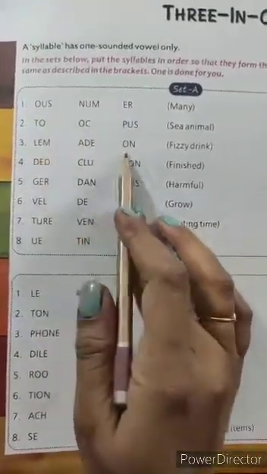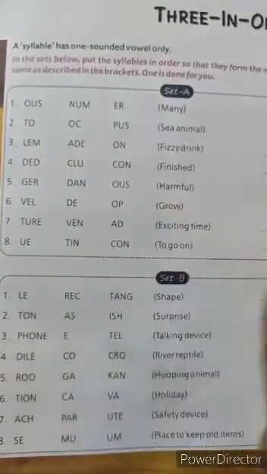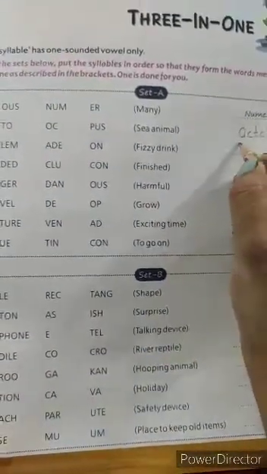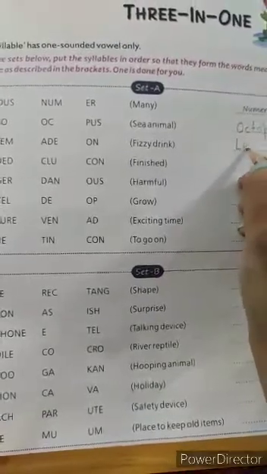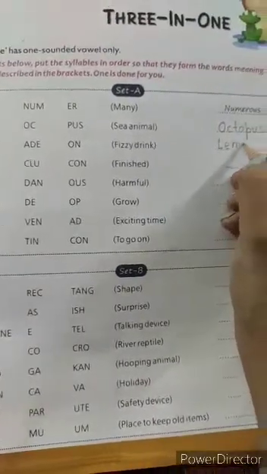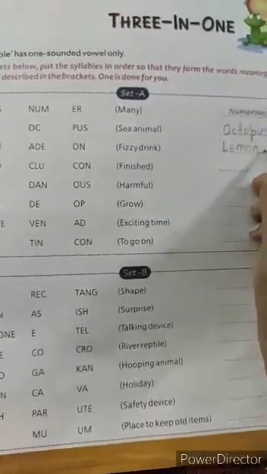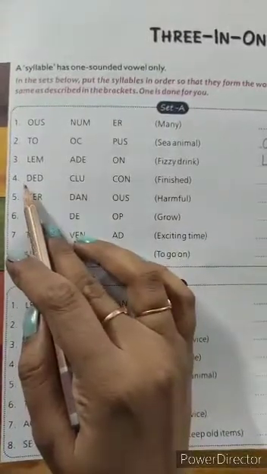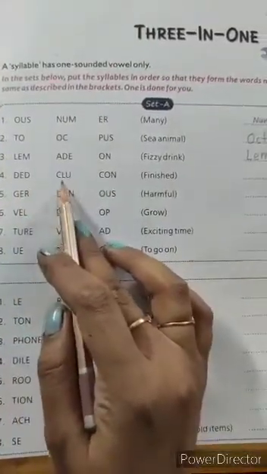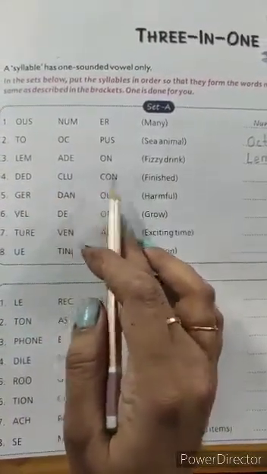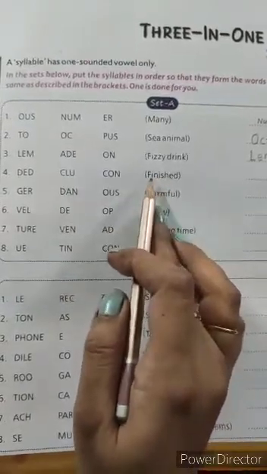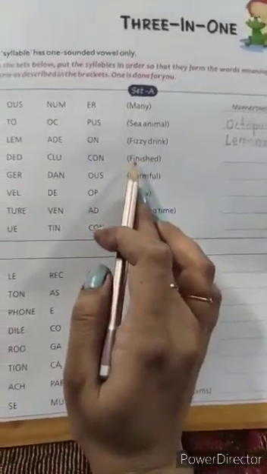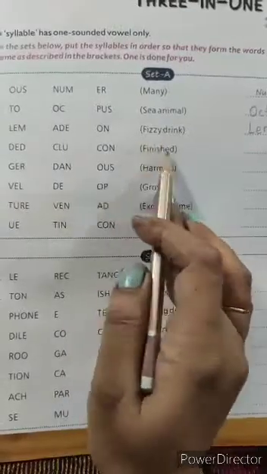We have to combine these. It is written in a jumbled form also. Okay. Now, the fourth is con, clude. And the meaning is finished. Means whatever word we form, the meaning should be finished.